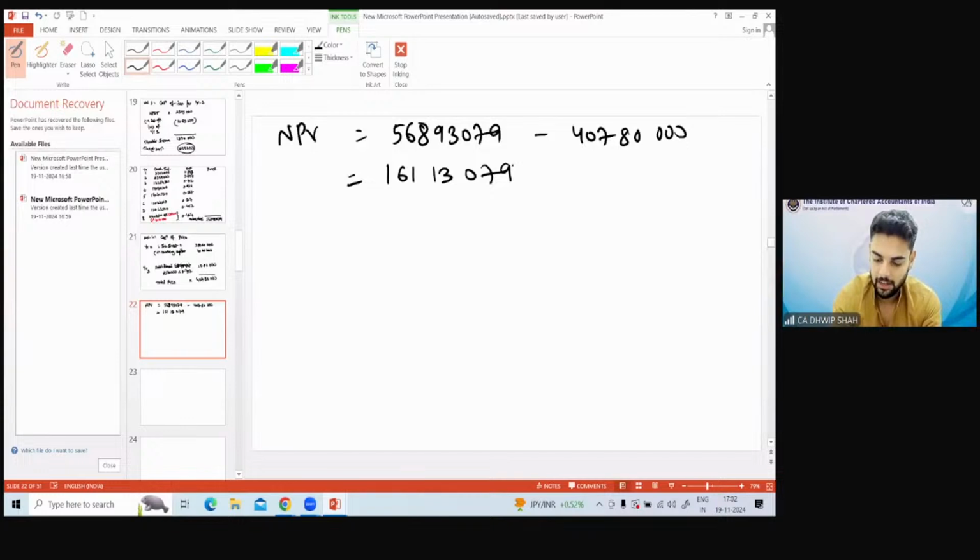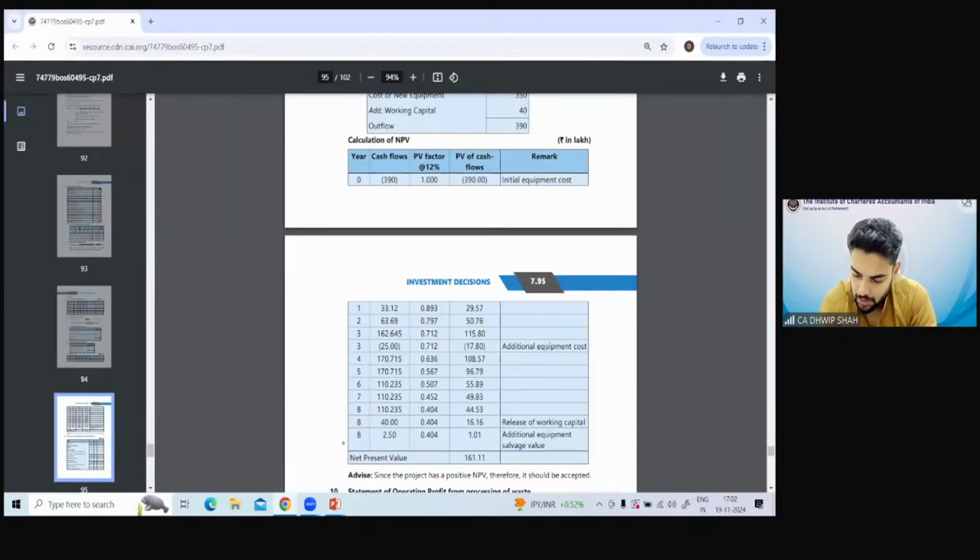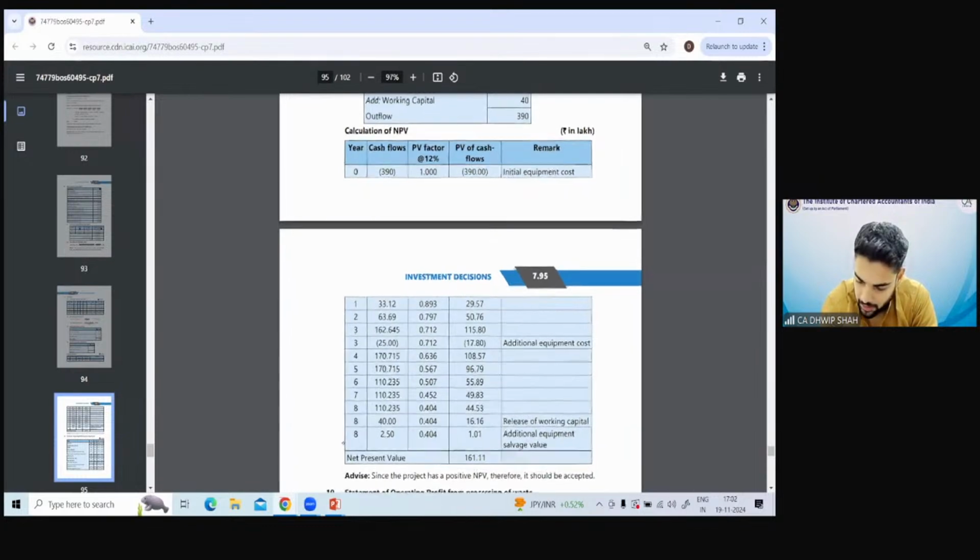So this is my NPV. Understood, everyone? So my NPV comes to 161.11.